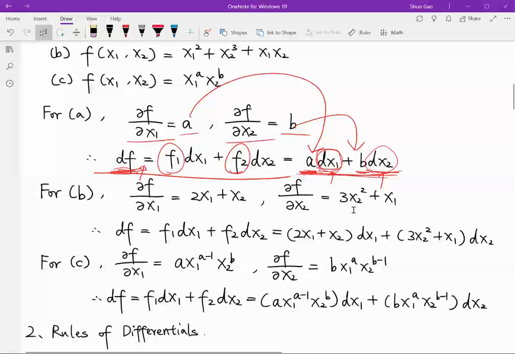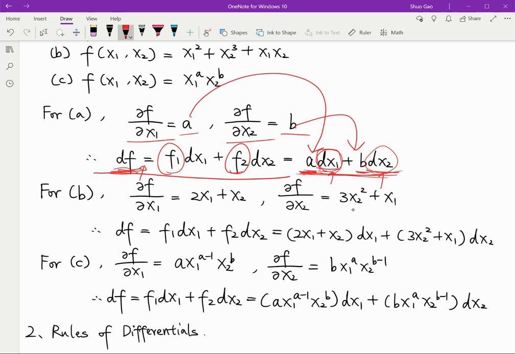So for the second case, the function is x1 squared plus x2 cubed plus x1 x2. Again, there are two variables in the function, and we first need to find the partial derivatives of the function f with respect to all the variables.